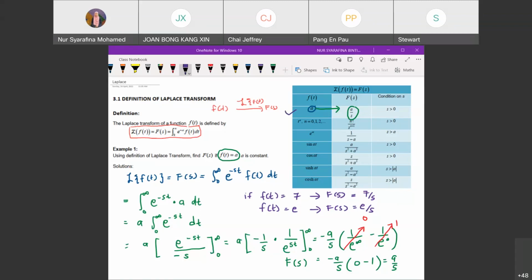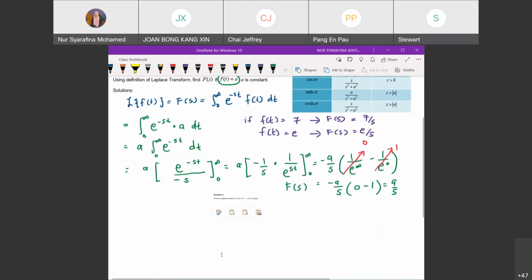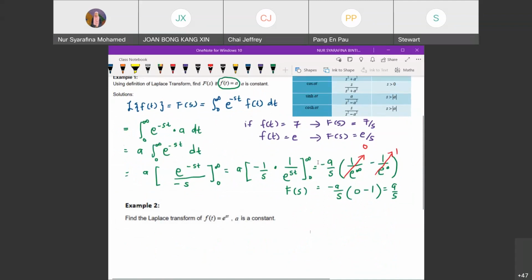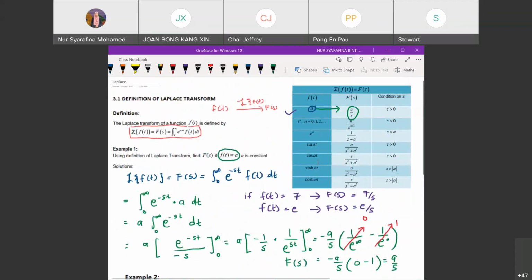Okay, now let's take a look at the next example. We have e to the power of at, example 2. By table, if your f(t) is e to the power of at, then your F(s) is 1 over s minus a.